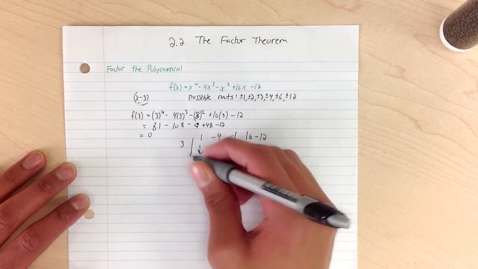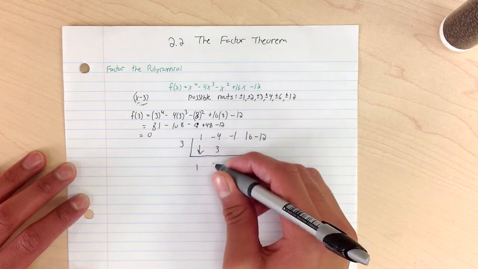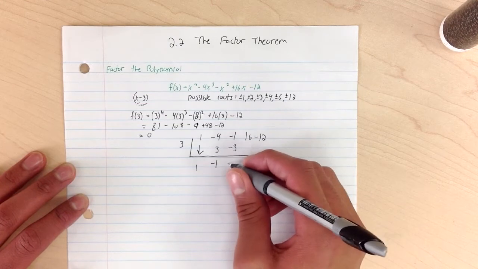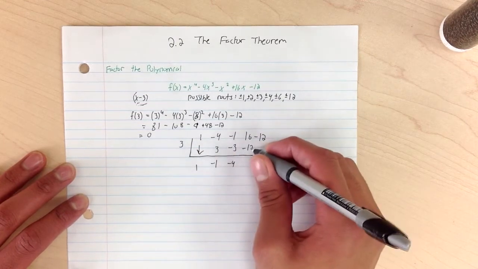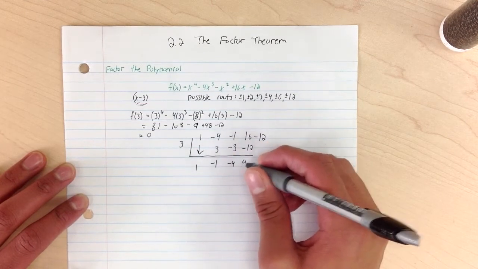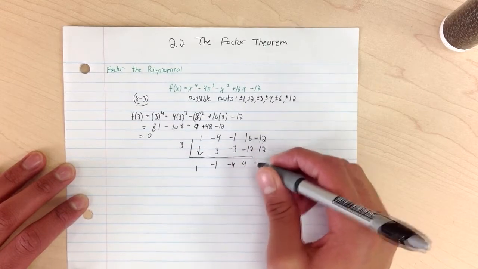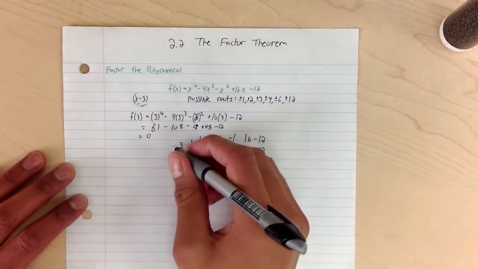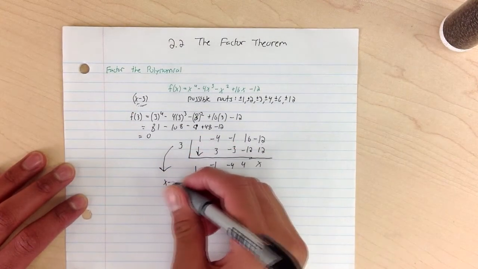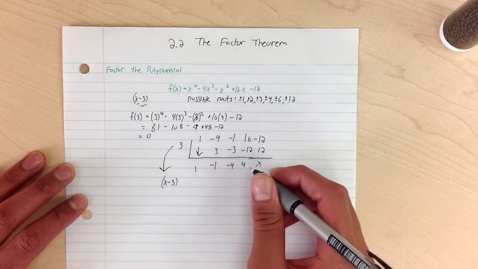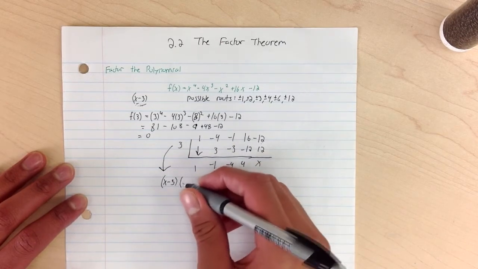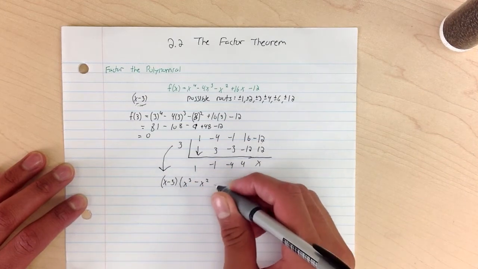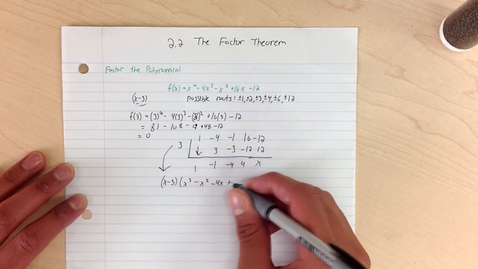This just goes down, multiply, add, multiply, add it, multiply, add it, and this just gives us the remainder. So now we have one factor, which is x minus 3, and this gives us another polynomial. So x to the power of 3 subtracted by x squared minus 4x plus 4.